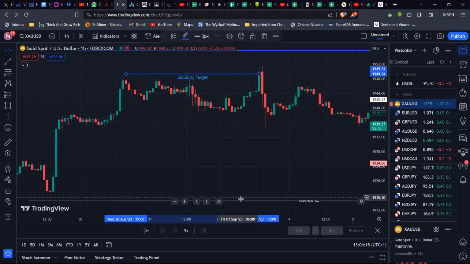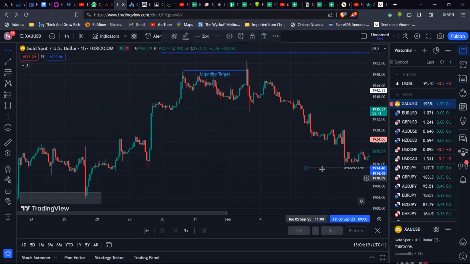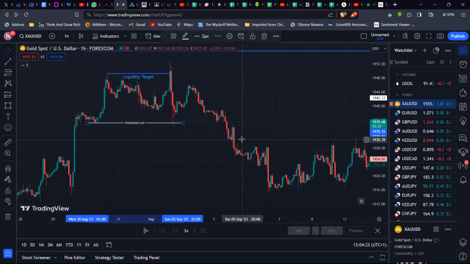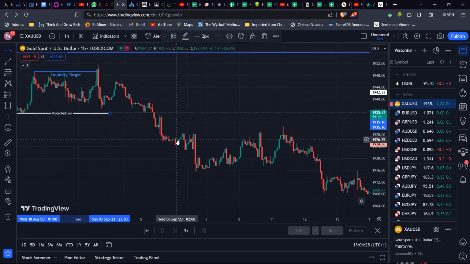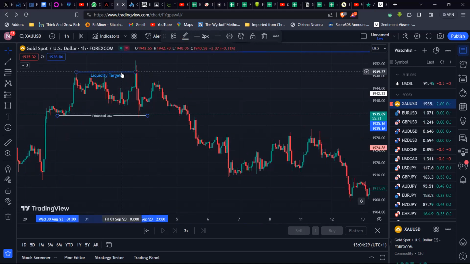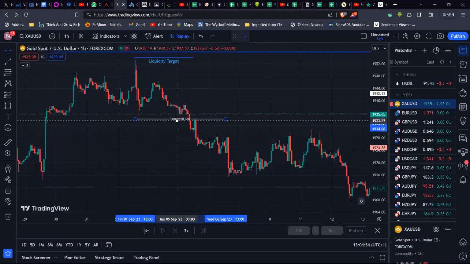And then this protected low becomes this one, right? And so we're looking at this, price came here, it grabs the liquidity. So this now becomes our liquidity target, and this now becomes our protected low.